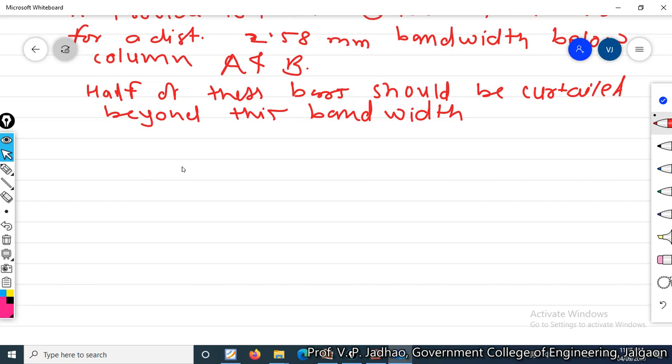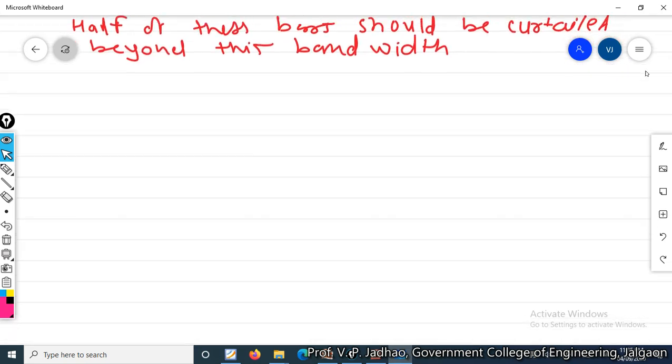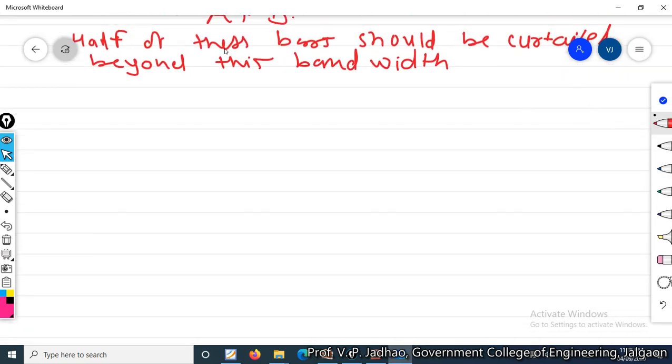So for the bottom face, I'll show you how we will be providing these steel reinforcements. The spacing for these curtailed bars will be 2 into 150 mm, that is equal to 300 mm. So curtailed bars will be provided at a spacing of 300 mm center to center.